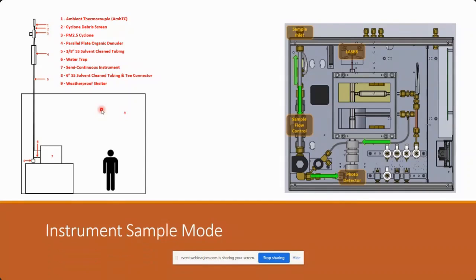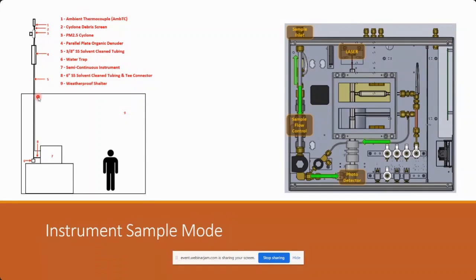Just to give people a brief idea of what it looks like, there's a thermocouple and a cyclone at the top, and this is for the control of the flow rate through the instrument and making sure that the results that we see can be reported in local conditions or standard conditions, depending on your need.